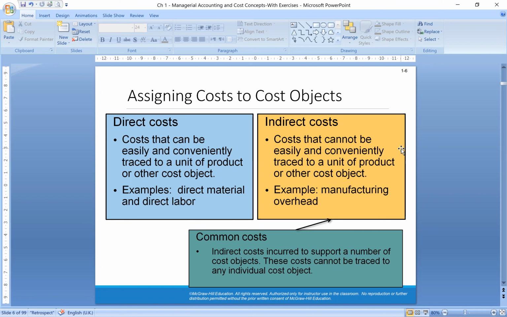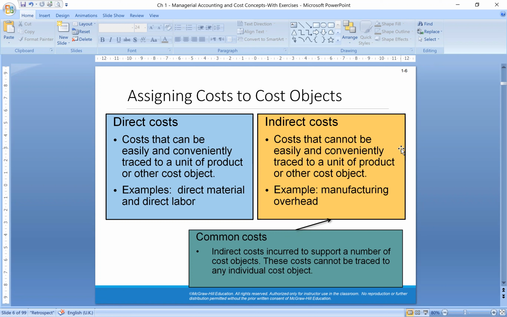Another example of indirect costs: if we have maintenance for the machine used in producing these tables, again the question is, what is exactly the percentage of depreciation related to a specific table? It is also difficult to track.